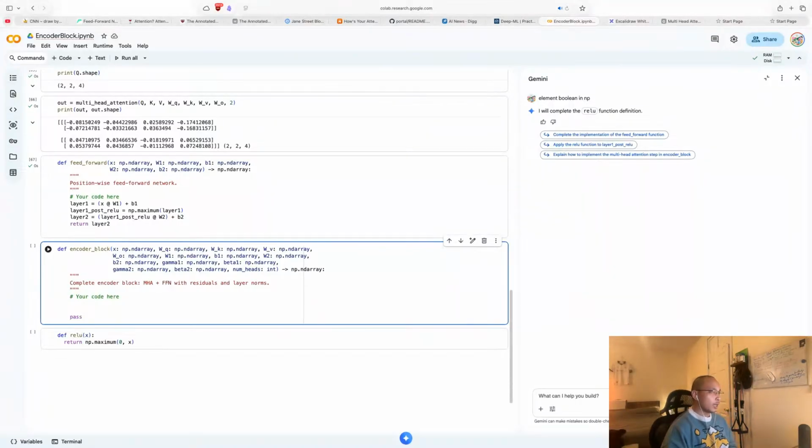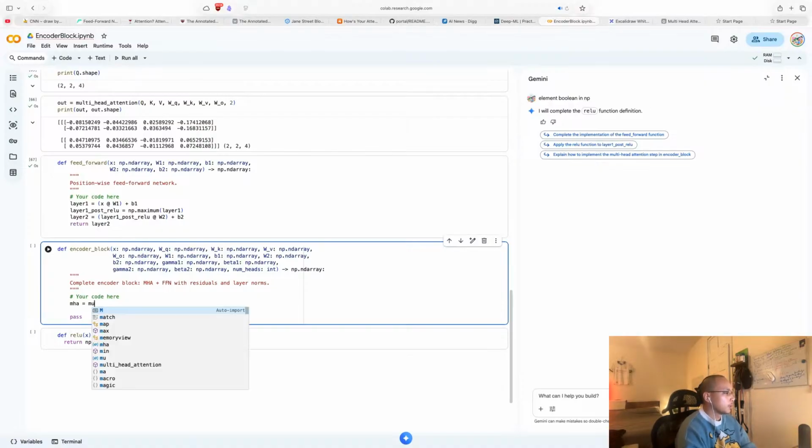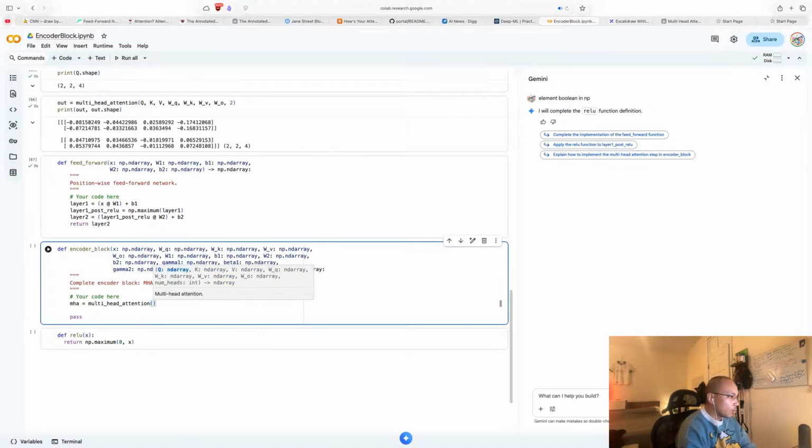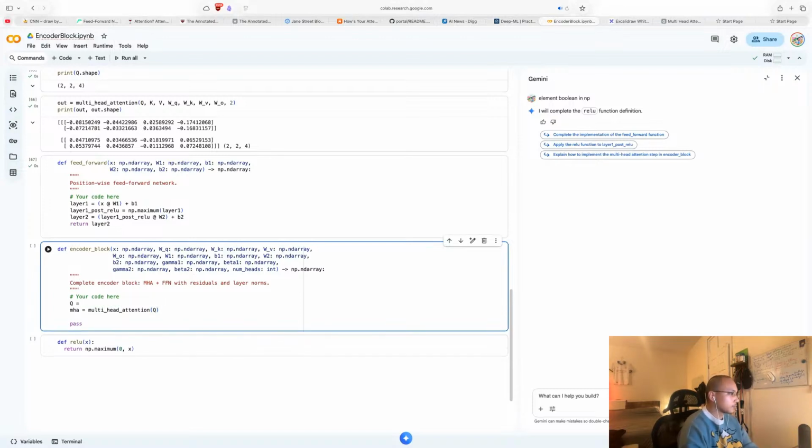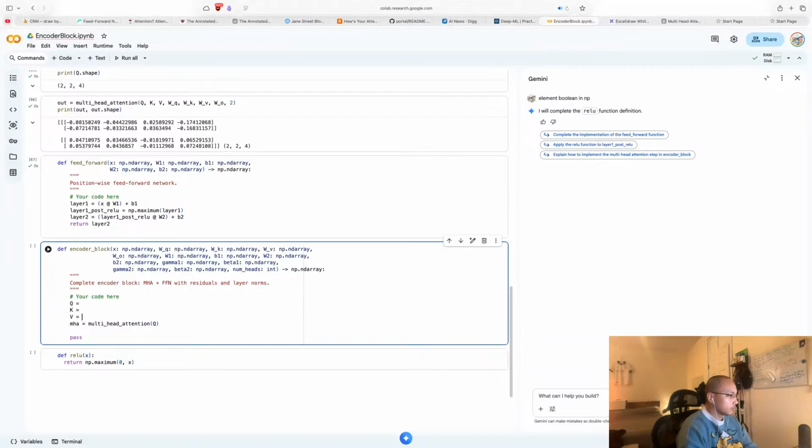And then you plug it into the multi-head attention to get MHA to be what? Multi-head attention of Q. Okay. That is interesting.